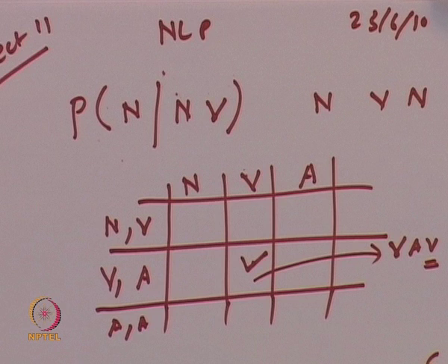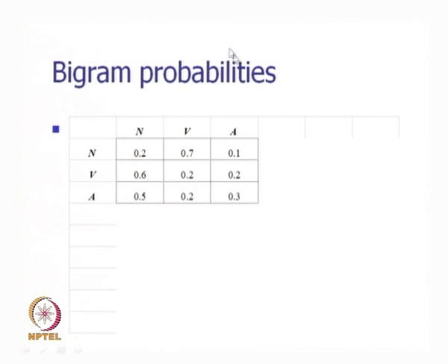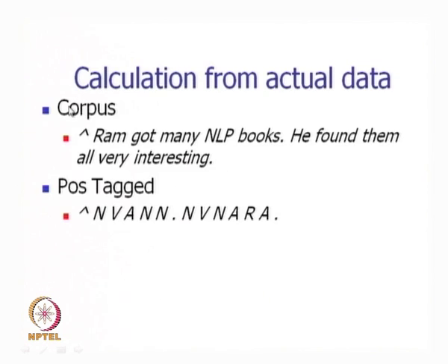Let me just repeat these two data structures once again, they are very important for our understanding. Lexical probability is given by the lexical probability matrix, and in the previous slide bigram probability is given by the transition probability matrix. Now, how do we calculate these probability values from the actual data? What have we done so far?